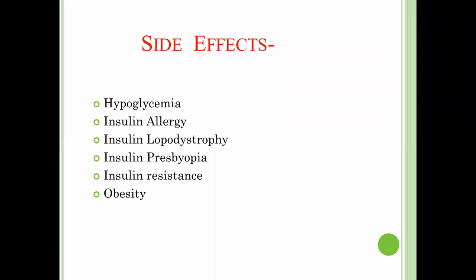Insulin resistance means that due to repeated administration of insulin, the daily requirement gradually increases due to the formation of insulin antibodies. When the requirement exceeds 200 units per day, it is believed that insulin resistance has developed. That means if it is more than the proper requirement, this side effect, insulin resistance, occurs. If there is repeated administration and synthesis, and it exceeds the daily requirement, at that time insulin resistance occurs. If it is more than needed, there is resistance, and it is necessary that secretion should continue.